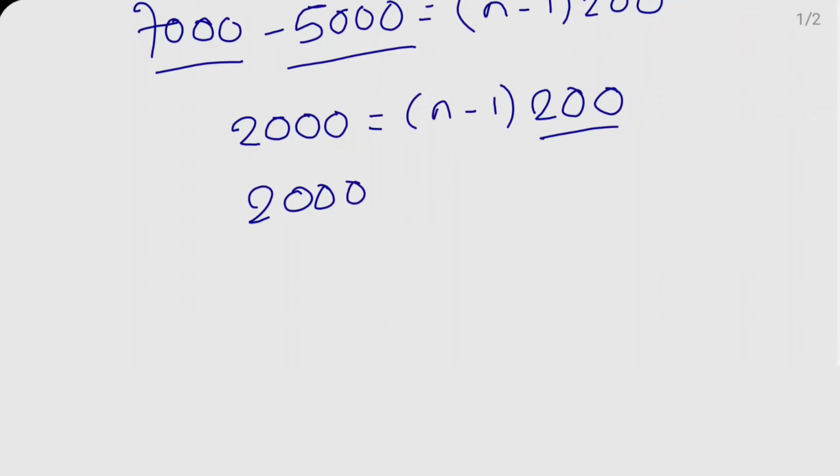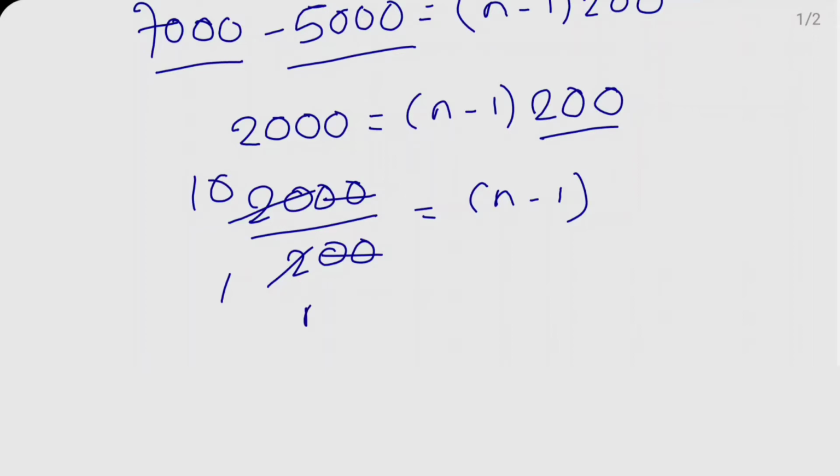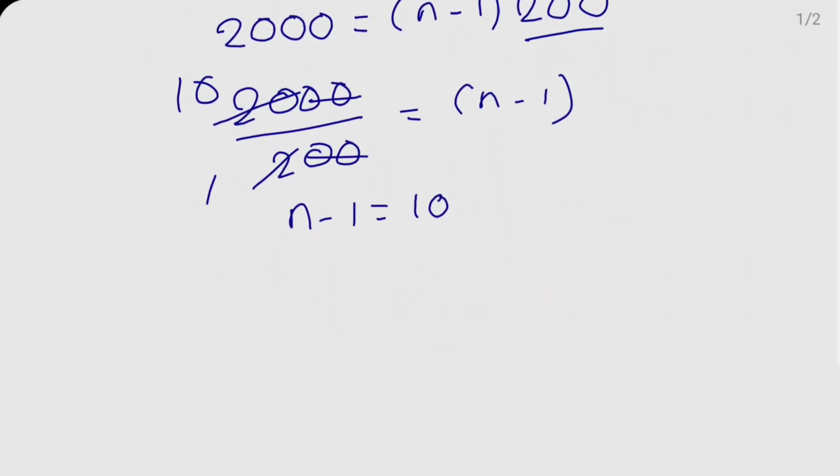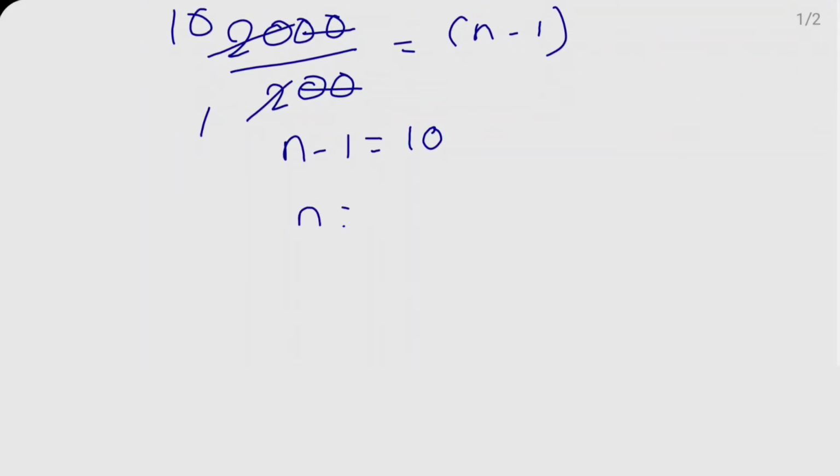So 2000 divided by 200, and this equals N minus 1. Zeros get cancelled. So 2 ones are 2, 2 tens are 20. So here N minus 1 equals 10, then N equals 10 plus 1, minus 1 comes to the RHS side, it becomes a plus 1. So N equals 11. So here after 11 years he got 7,000.